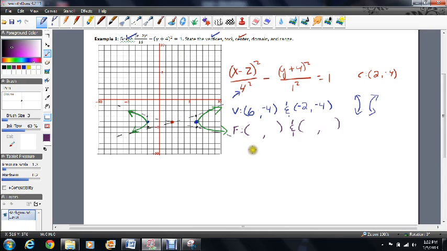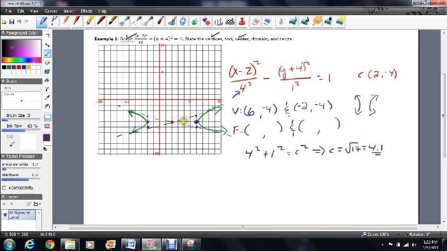So let's first figure out what the C value is. Again, the C value is found by doing the Pythagorean theorem, 4 squared plus 1 squared equals C squared. And I know you guys know how to solve this. When you solve this, you'll get C is equal to the square root of 17, which is approximately 4.1. I'm going to use this number here, and count over 4.1 units from the center of the graph.